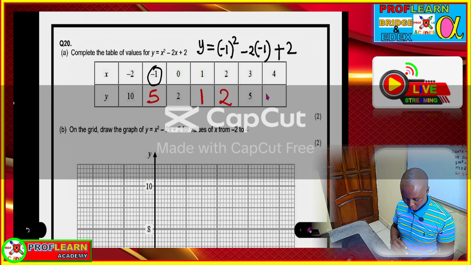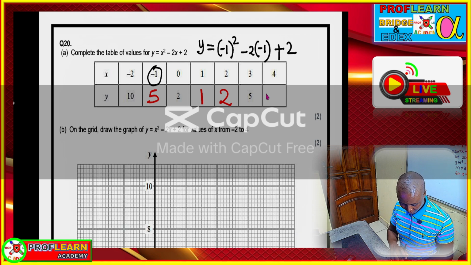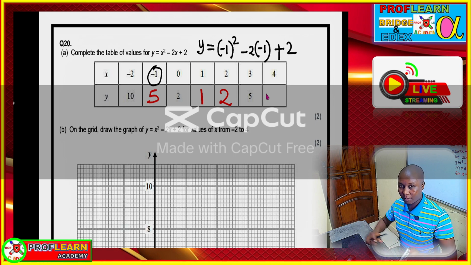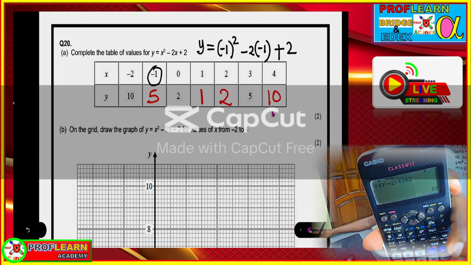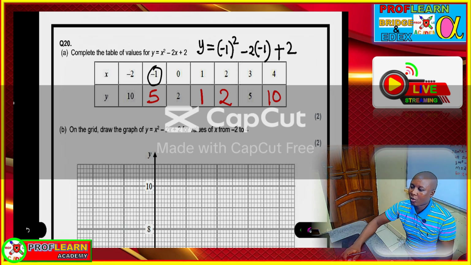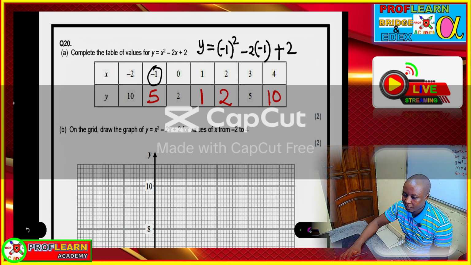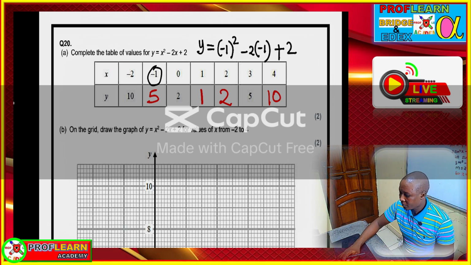And for 4, I'll change inside the bracket to 4, and this one I also make 4, and if I hit the equal sign, I'm going to get 10 at that given point. So that's what you do in order to get the answer.